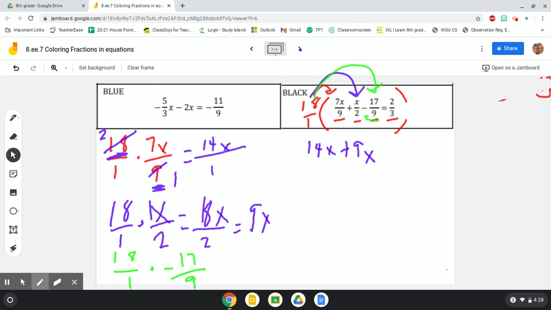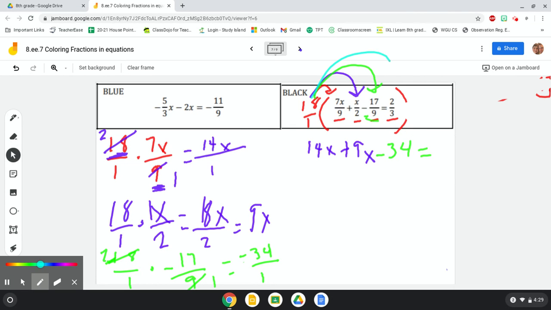So 18 and 9 can both be divided by 9. Divided by 9, that gives me 2. Divided by 9, that gives me 1. Oh, sorry, not negative 17. Try that again. So 2 times negative 17 gives me negative 34 over 1, or just a minus 34. And then I have the equals, and now I have to go to my last step here.